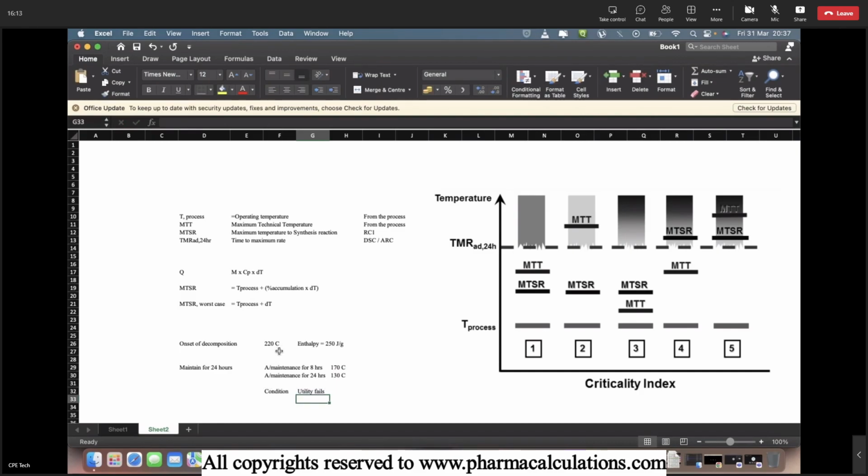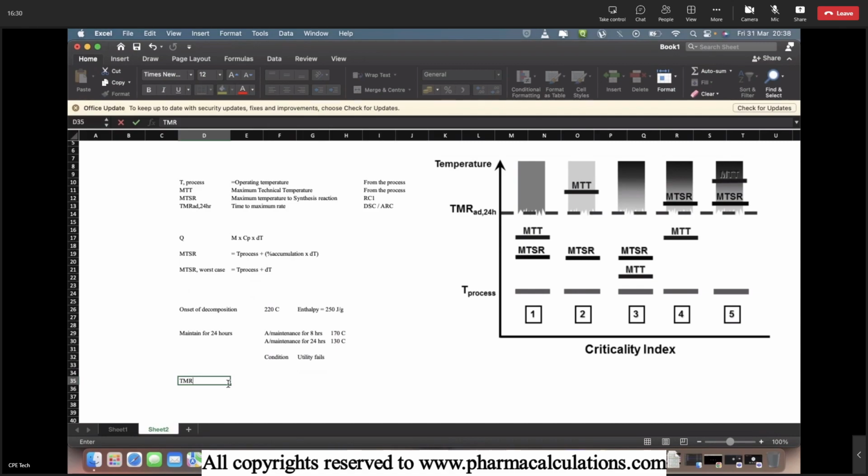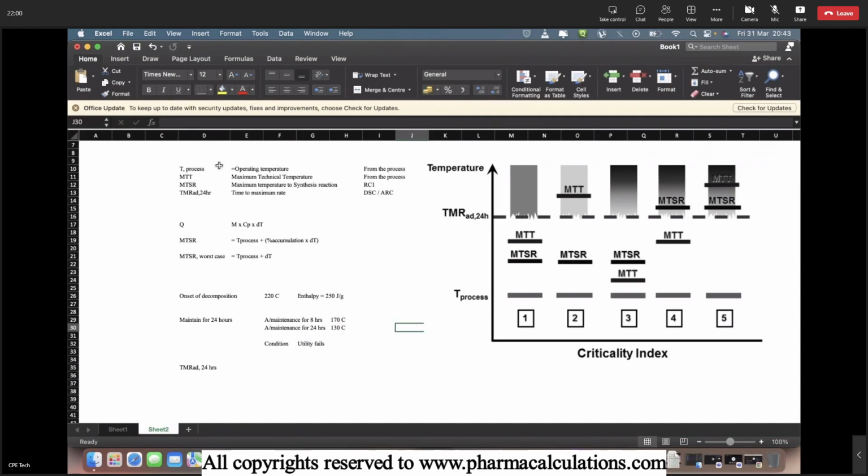That means the onset of decomposition after 8 hours of maintenance during the case of utility failure is going to be 170, and similarly after 24 hours it is going to be 130 degrees. And it is nothing but the TMR AD 24 hours. And I think till now you have seen these total 4 parameters and what they exactly mean.